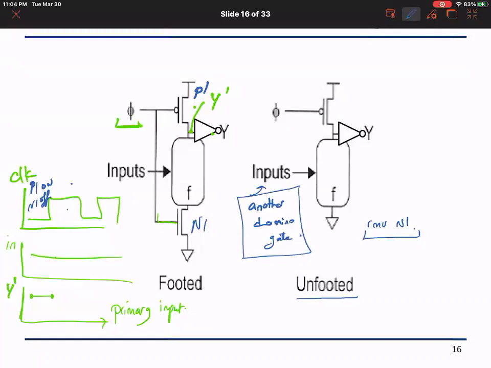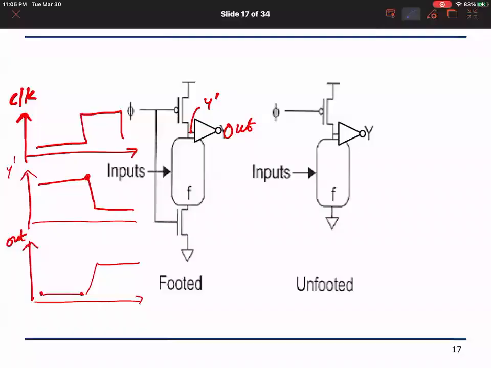This is when the input is arriving from another domino gate, because of the output of a domino gate, let us examine how it looks. So if I have a domino gate, we know that when the clock is low, the intermediate node will be high, and therefore the output will be low.